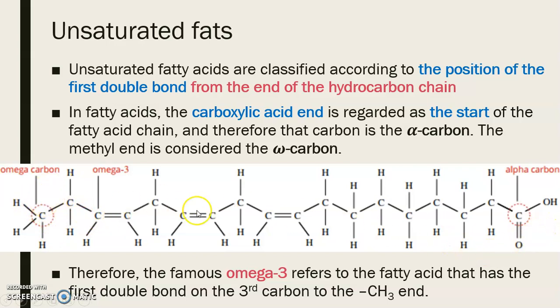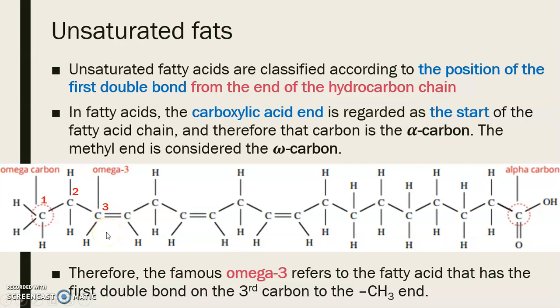So for example, for this particular fatty acid, we notice that from the omega carbon, basically the end methyl group, the end carbon, there's 1, 2, 3 carbons. The double bond occurs on the third carbon from the CH3 end, the methyl end. And therefore, this entire fatty acid is classified as an omega-3 fatty acid.